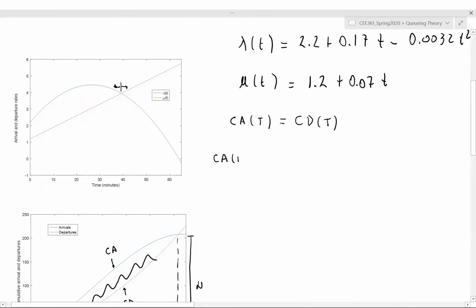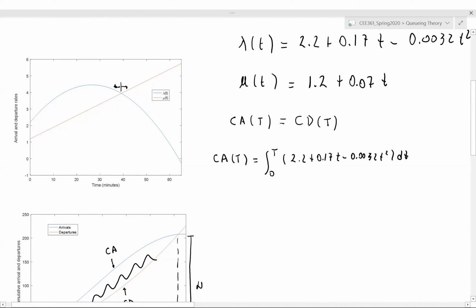The cumulative arrivals of t is basically the integral between 0 and that value of t that we don't know, of what's given to us, the rate 2.2 plus 0.17t minus 0.0032 t squared dt.